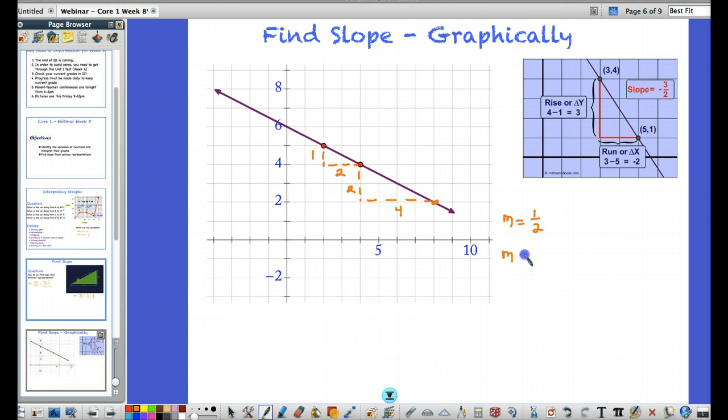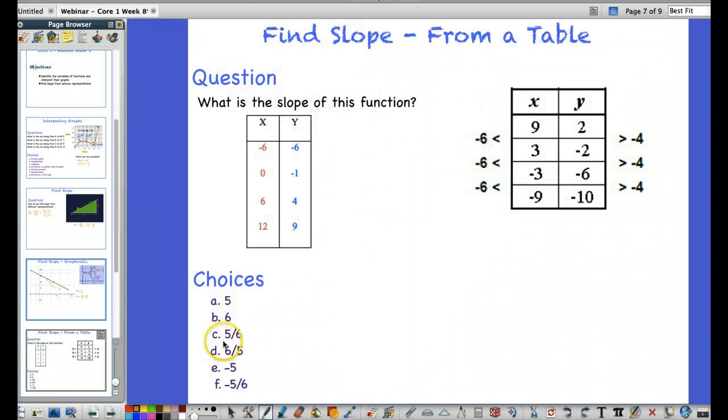Our slope on the second 2 points was 2 over 4, but what does that reduce to? 1/2. So the reality is if you have a line that's a constant rate of change, then it doesn't really matter which 2 points you pick, it will always reduce to the same slope. Make sense? Good? Okay. All right, so another way you can see slope is by doing a table.